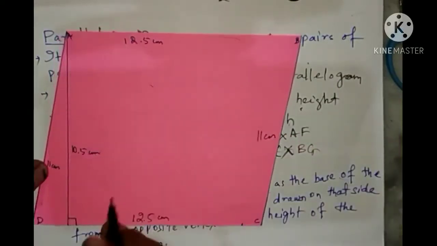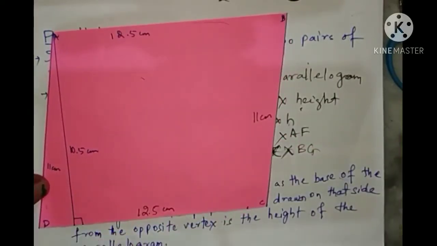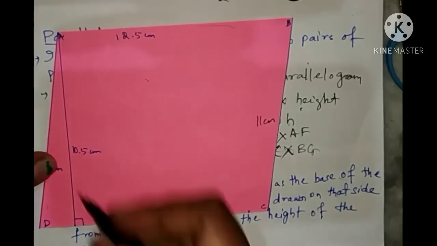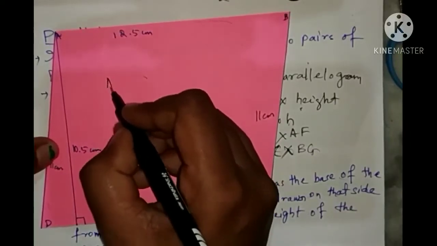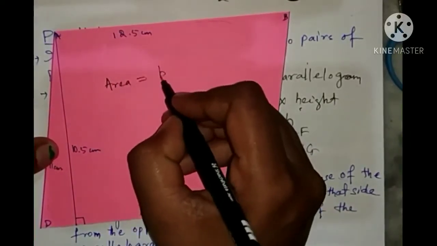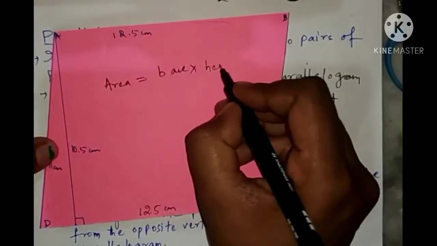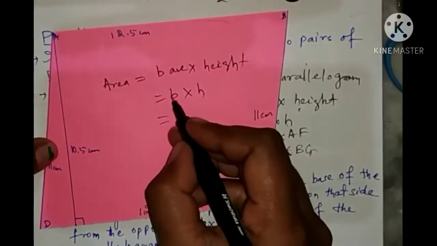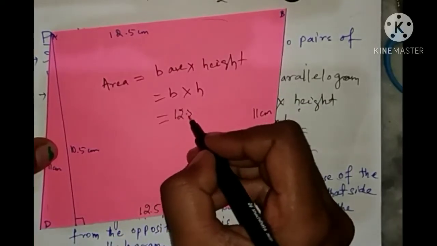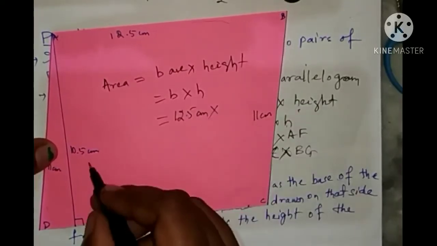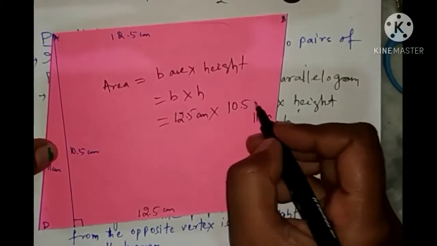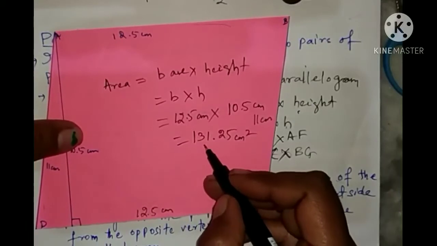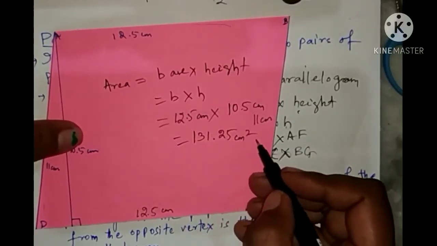So here height has been given, so we can find out the area. How will we find out? Area equal to base into height. So B into H. What is base? 12.5 centimeter, into height, how much? 10.5 centimeter. So area is 131.25 square centimeter.